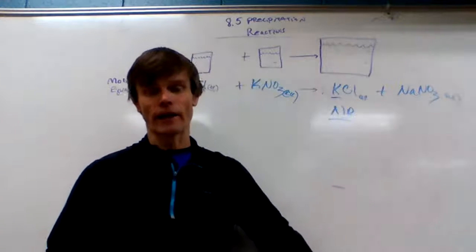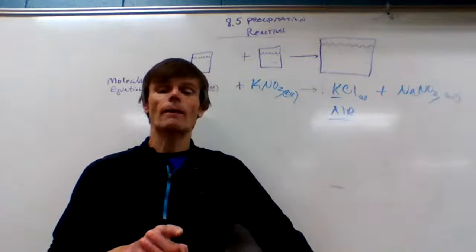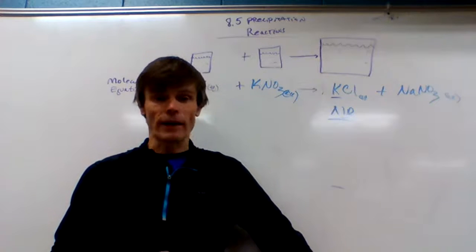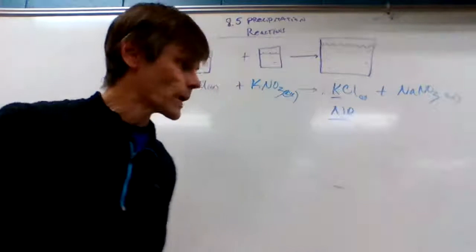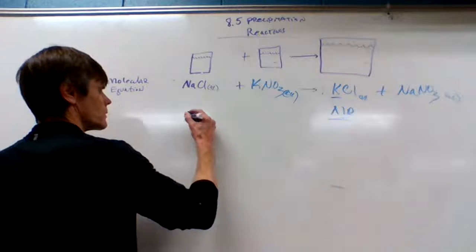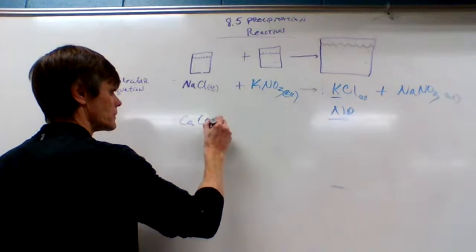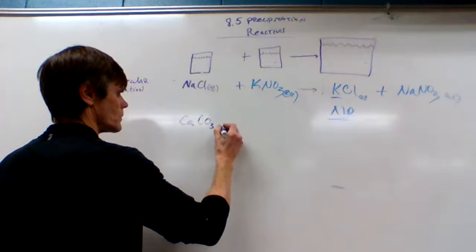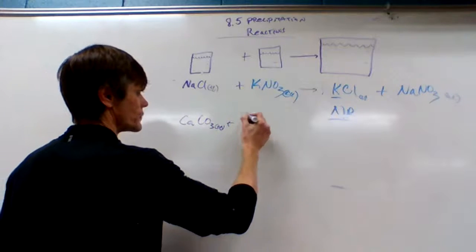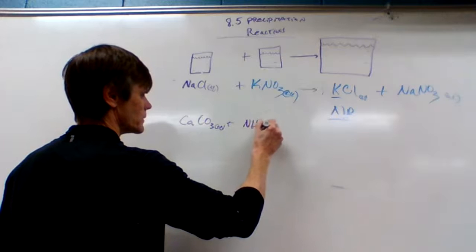We would filter it off if we were collecting this as our example. We'll start next lecture by considering the ionic and the net ionic equation for this reaction. We had calcium carbonate plus ammonium oxalate.